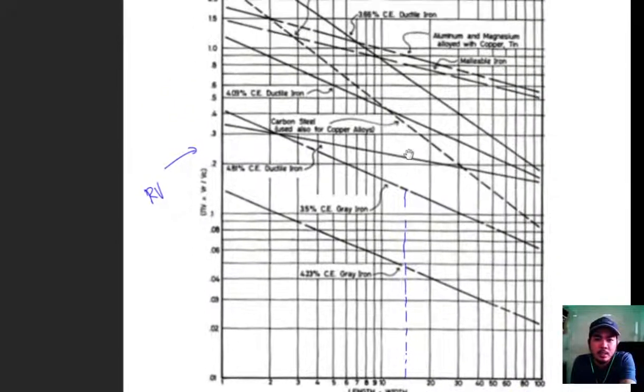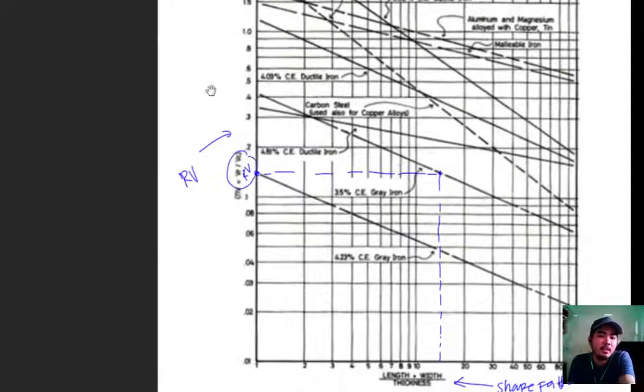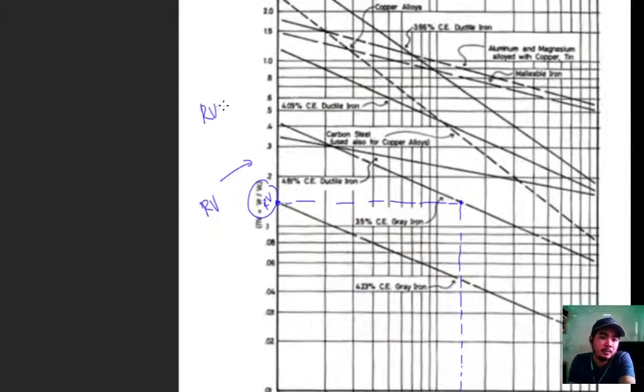So kunwari, we are using gray cast iron. So this is gray iron. Tapos hanapin lang natin yung corresponding relative volume. So it becomes easier to use, no? Kasi automatic may relative volume na tayo. And if you remember, relative volume is equal to V ng riser over V ng casting.